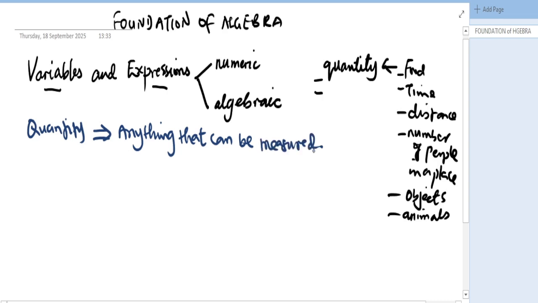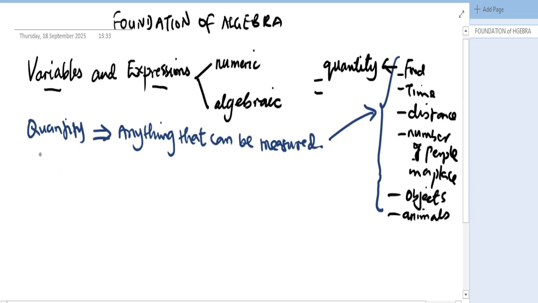Anything that can be measured. And if you look at this list of items, you will see that all the items we have here, among other things that we know, can be measured. So they can be referred to as quantities.